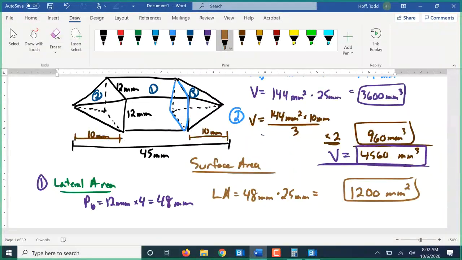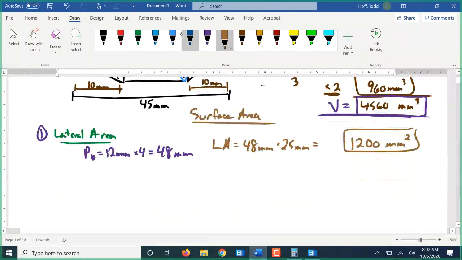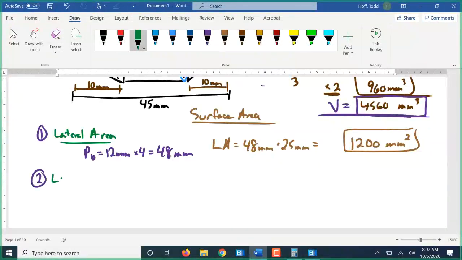Like I said, both bases are covered. For the pyramids, all we have is lateral area as well. The bases are covered there also. Our perimeter of the base is still 48 millimeters. It's the same base as we had on the box portion. We need to know the slant.